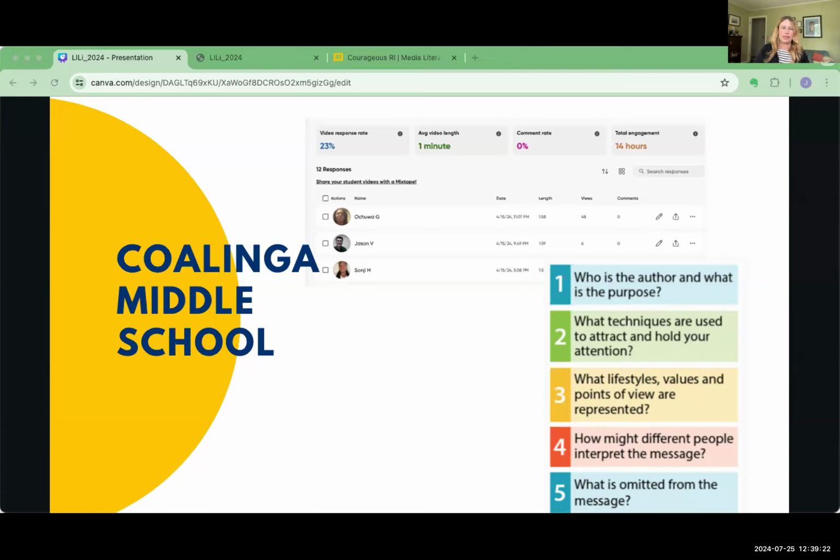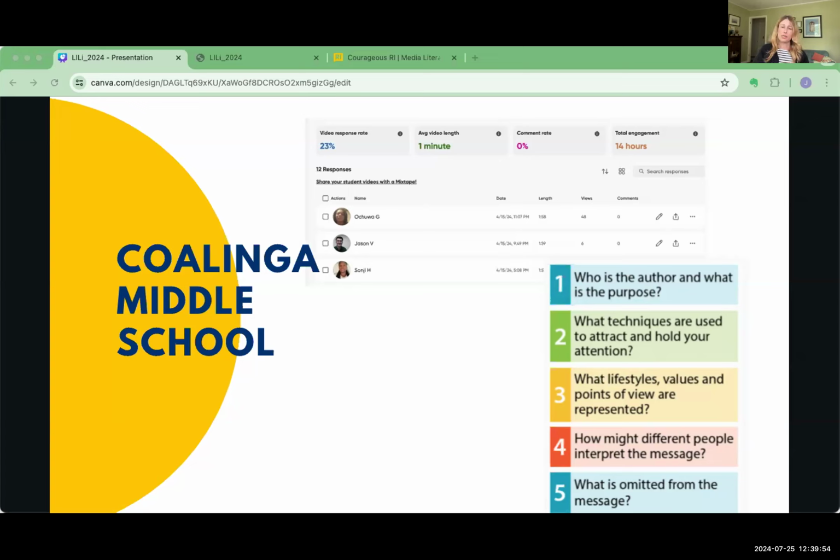We didn't think the free speech, hate speech and censorship would, we thought it was a little too advanced for 11 and 12-year-old students. So they were journalism students at this school, and the fellows all chose a piece of media that they thought the middle schoolers would enjoy or think was funny. We were trying to get something that they would be drawn to. So I think 2 out of 3 were memes.